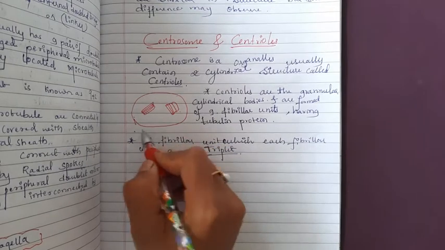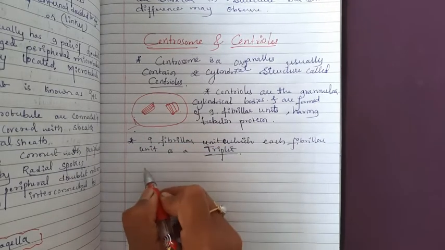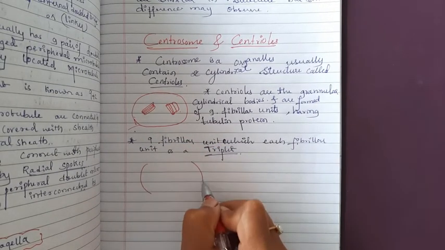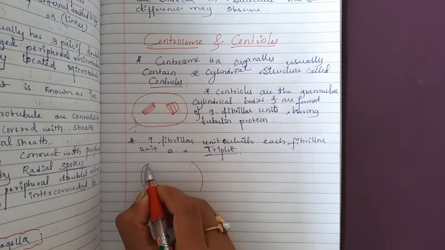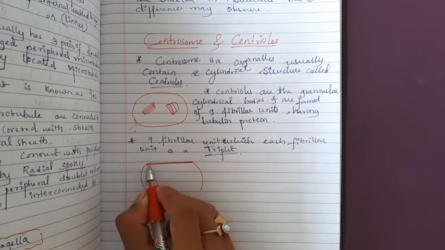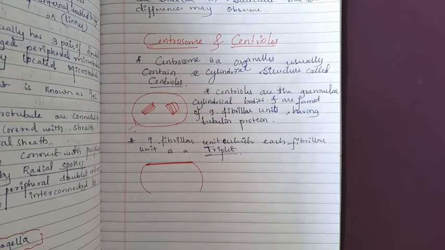I already drew the structure. Okay, it is usually cylindrical which contains 9 fibrillar units.